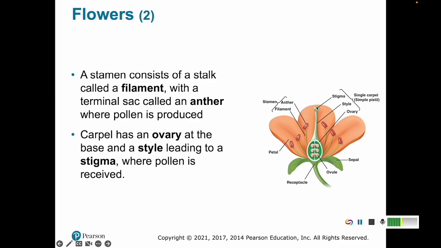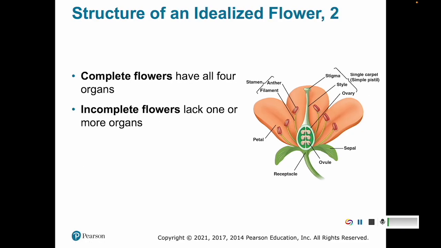That sticky stigma, that is where pollen is received. A complete flower will have all 4 of these organs: sepals, petals, stamens, and carpels. Incomplete flowers will lack one or more of these organs.